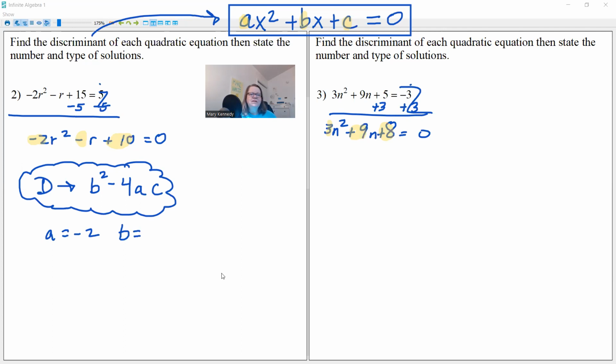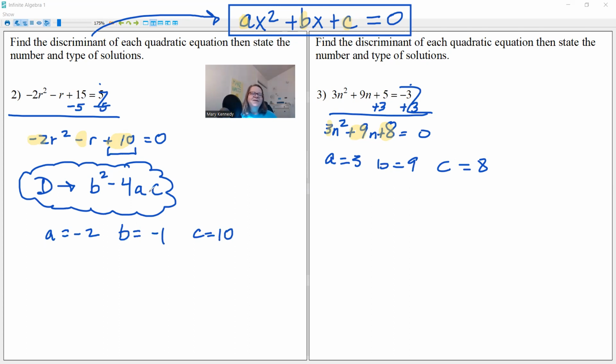B is a little tricky. It's a negative r, and I know b is the number in front of that letter, right? So it's -1. So make sure you're clear that there's an understood 1 there, and it is negative. And then c is 10. C is the constant number that doesn't have a variable. Over here, a is 3, b is 9, and c is 8. Those are nice and easy because they all have the numbers you can see, and none of them are negatives.